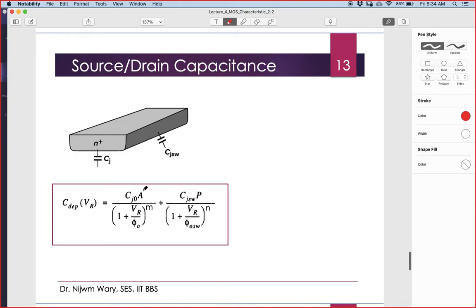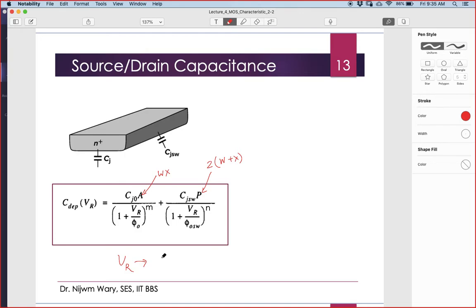Again, this I have mentioned is an area, which is W times x, and this parameter P, the perimeter, is 2Wx. And there is this term which also comes into the picture that we need to incorporate, this Vr, the reverse bias voltage.